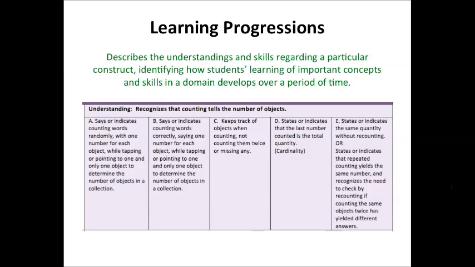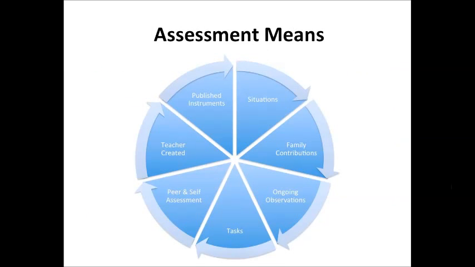So in order for us to learn about where our students might fall along the learning progression, we have been identifying and working and developing particular assessment means. We realize that there's lots of ways to gather information about students, many that teachers are already using. In order to help this effort within the formative assessment process, we've been developing things called situations, tasks, and ways that families can contribute.